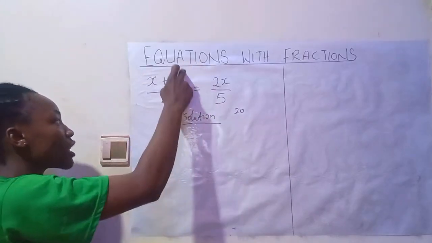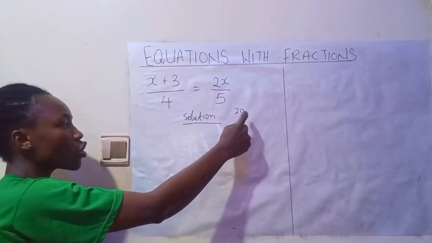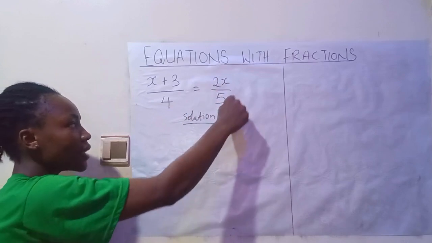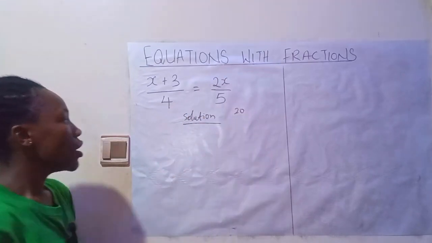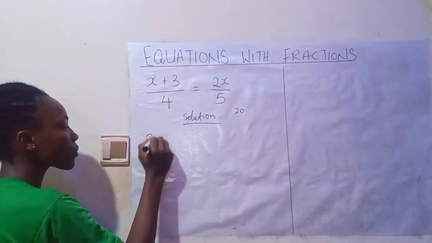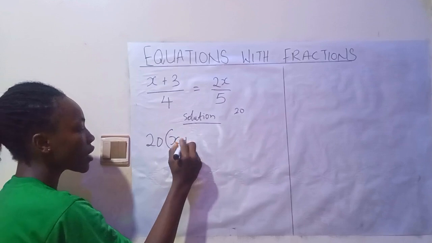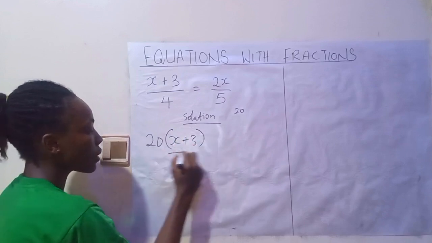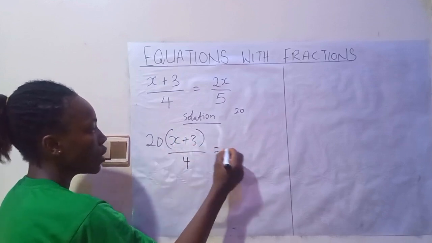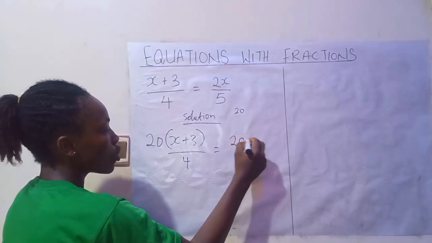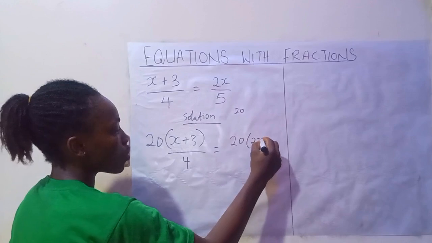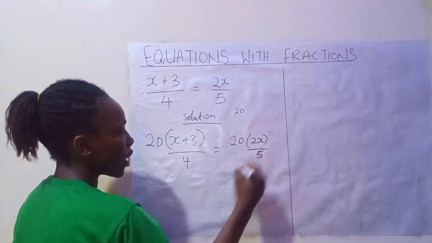That means we are multiplying this by 20 and multiplying this by 20. So we are going to have 20 times (3x plus 3) all over 4 equals 20 times 2x all over 5.